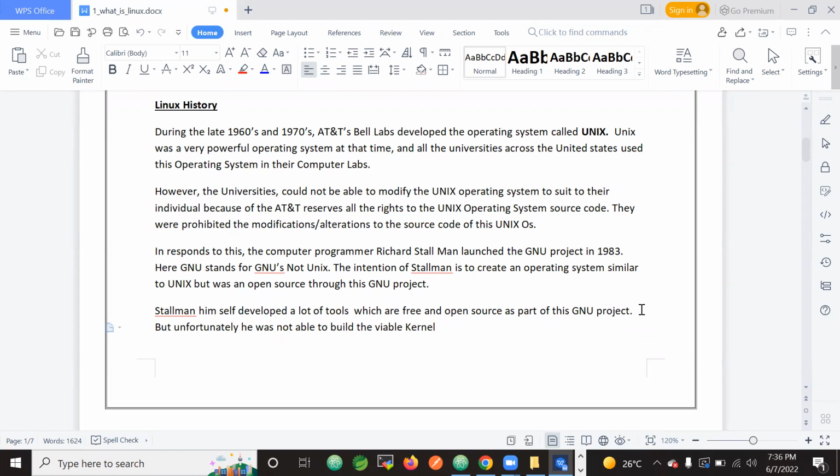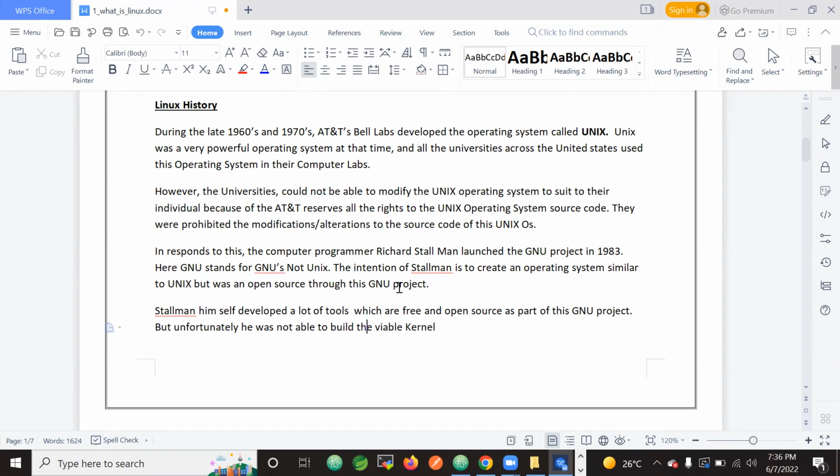When any actual product is going to be started, the architects will do R&D and then build a viable product, meaning a blueprint of the product. Then the original product will be started based on that blueprint. Similarly, Stallman first needed to draw the architecture, the blueprint of the operating system.